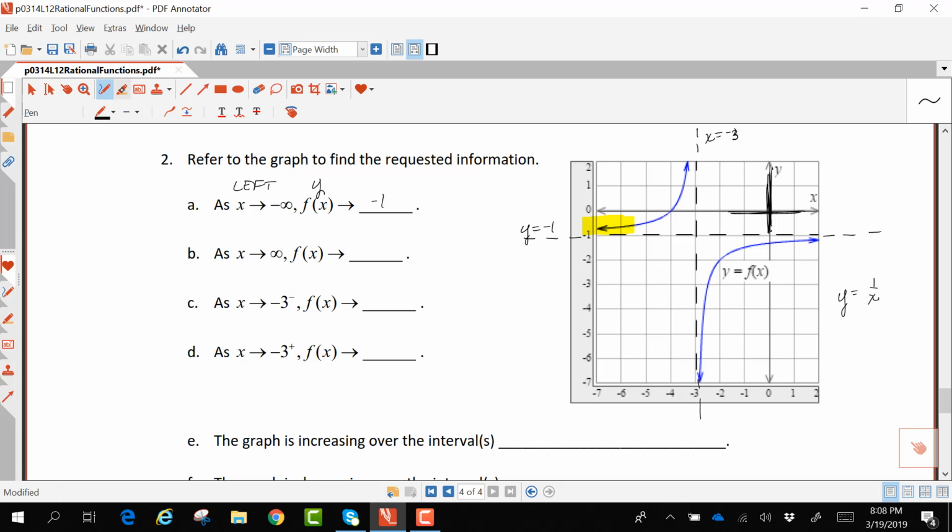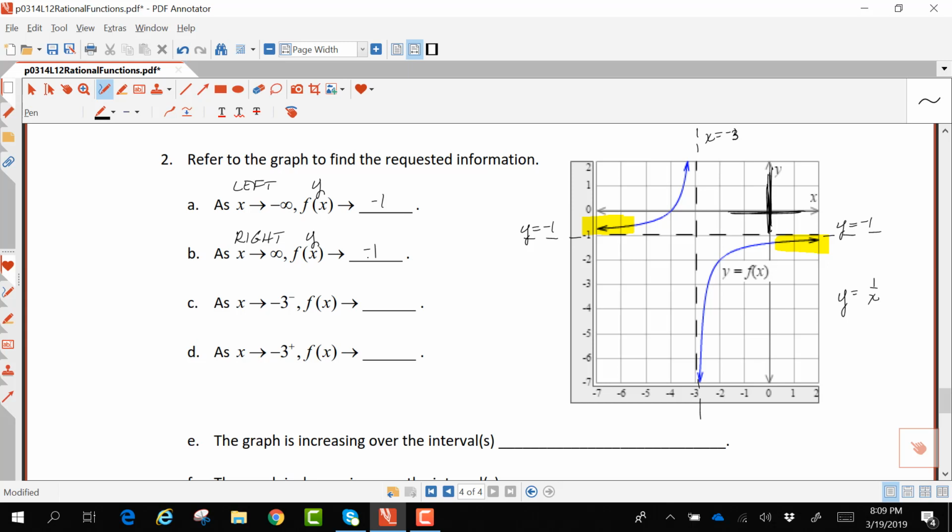In part B, it states x is approaching positive infinity, which is the right side of the graph, which I will highlight over here. And again, the graph is approaching that horizontal asymptote of a y value of -1. Therefore, f of x or y is approaching -1 also on the right side.